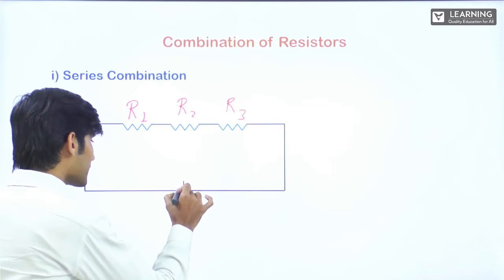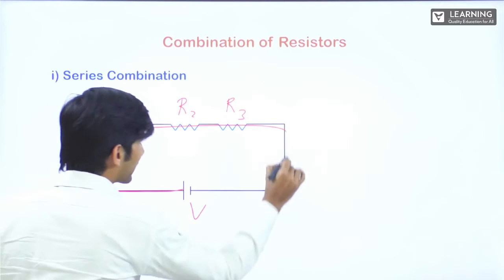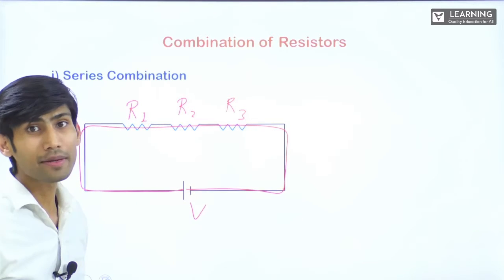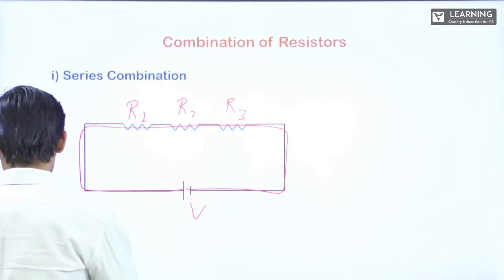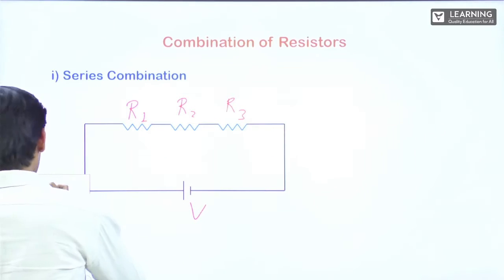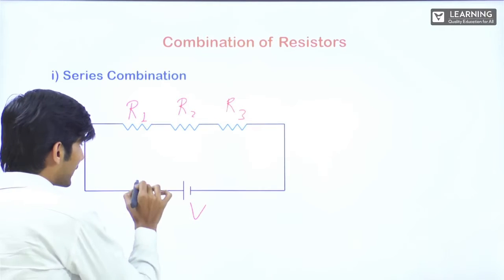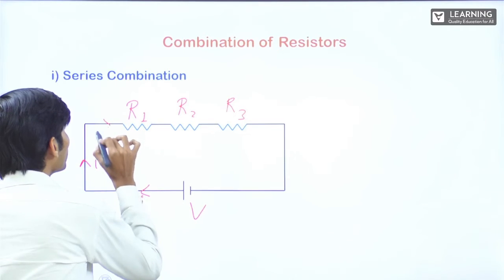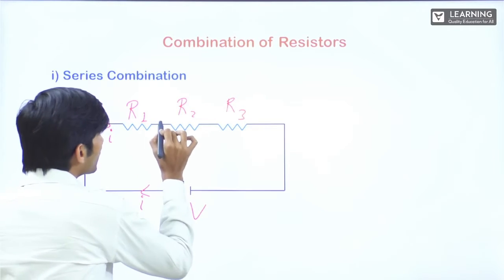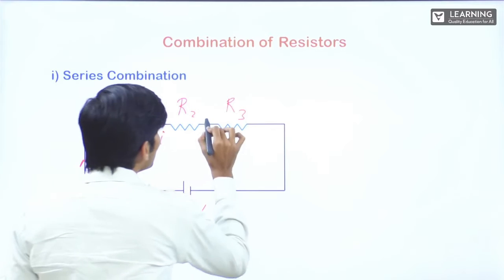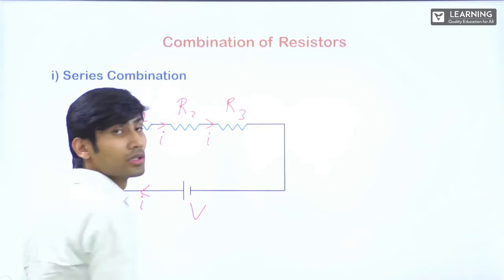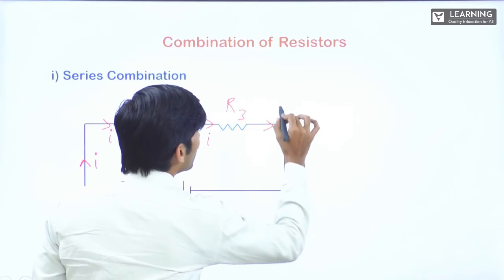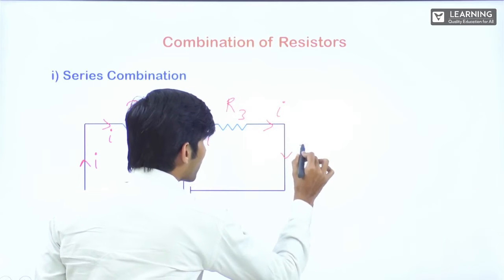Now, since it is one complete circuit, right? What will be same? The current will be same. The current, whatever current will be drawn from the battery, let's say it is I. The same current will be going through this resistor, the same current will be going through this resistor, and the same current will be passing through this resistor, and the same current will come back to the battery. Clear?